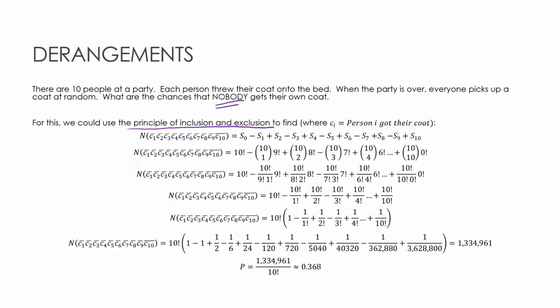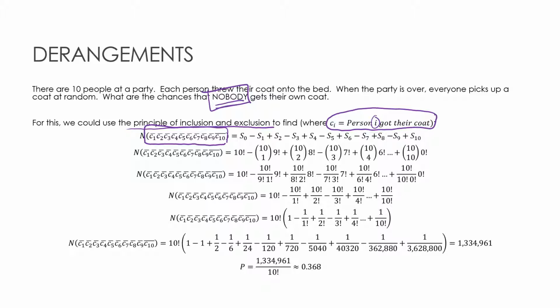Now again, the way that we write our conditions is really key. Because if I'm trying to find where nobody gets their own coat, and I know the principle of inclusion and exclusion says not C1, not C2, etc., then I need my condition itself to be that each person gets their coat.